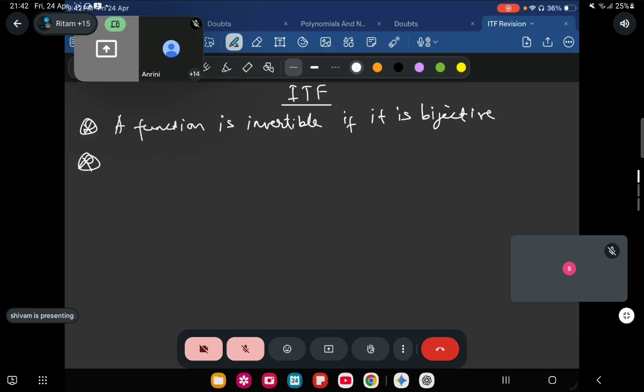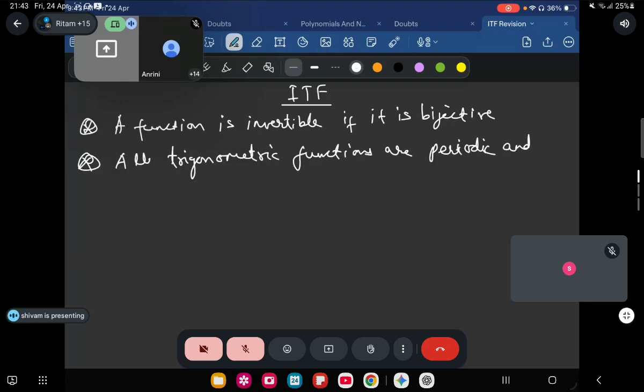Next, all trigonometric functions are periodic, and hence they are non-invertible.